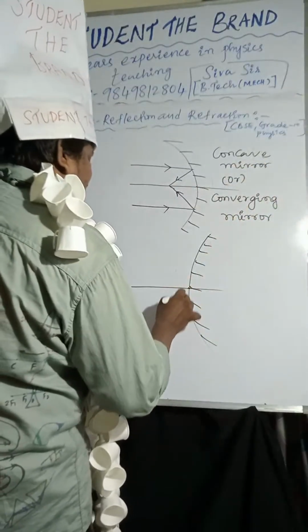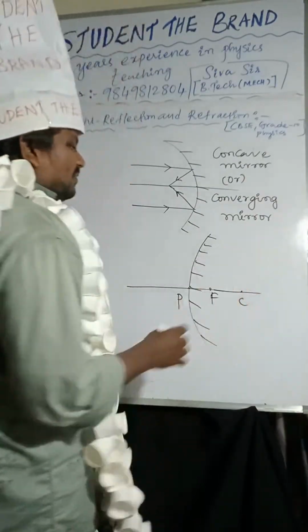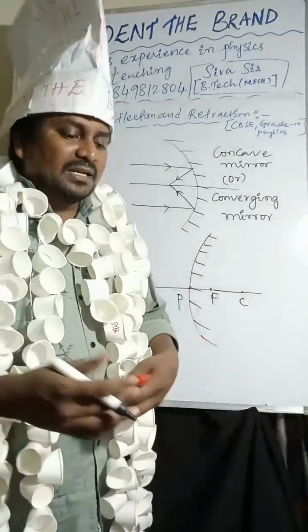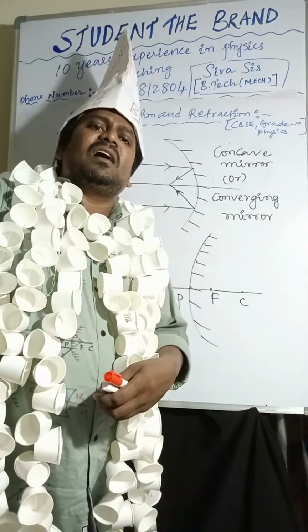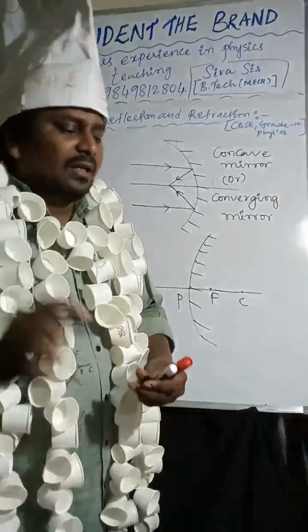I am taking here the pole, focus, center of curvature. Concave mirror is known as converging mirror.